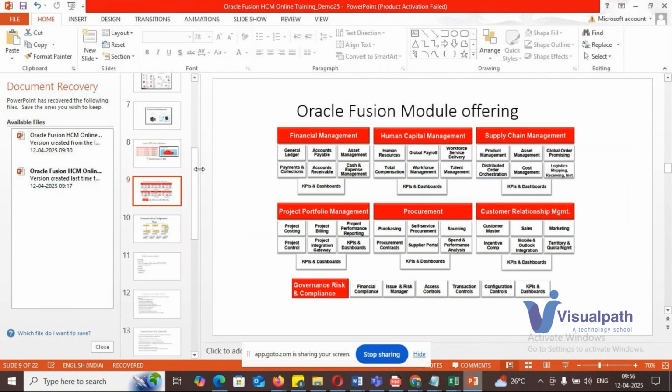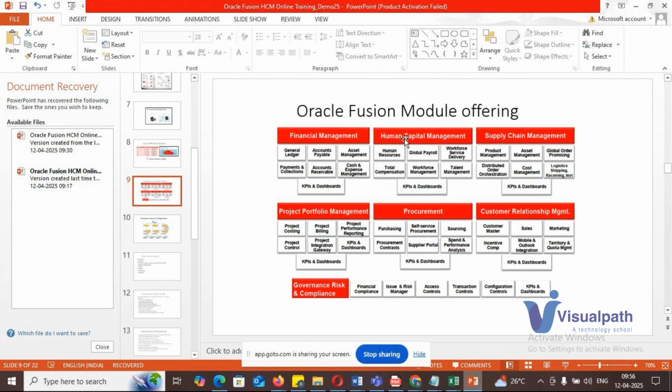Once you log in to the cloud applications, you have to select the different modules. Different modules are available in the system, right? Like financials, human capital management, supply chain management, and PPM, procurement. These are the other modules. Here we will focus on human capital management.